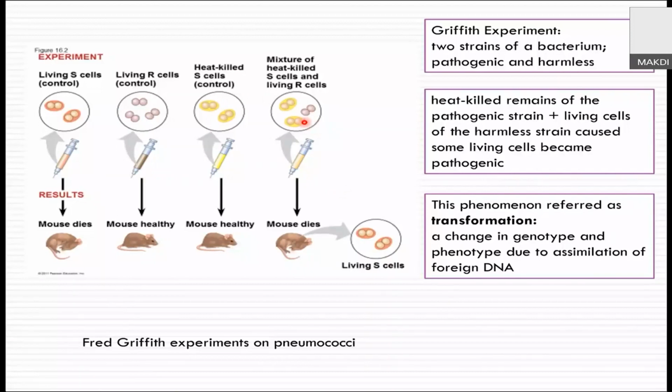So when you mix the DNA with live non-pathogenic bacteria, the DNA will go inside them and transform the non-pathogenic bacteria into pathogenic ones. So that's why when you infect the mouse with the DNA of pathogenic bacteria, the mouse will die.